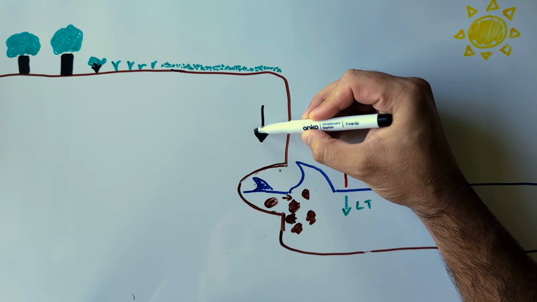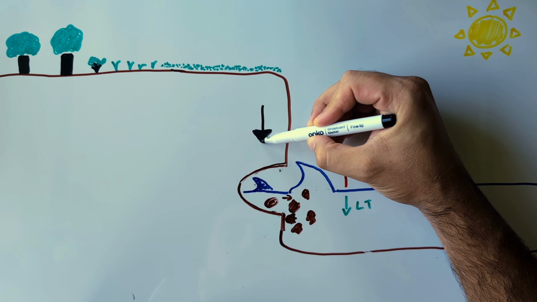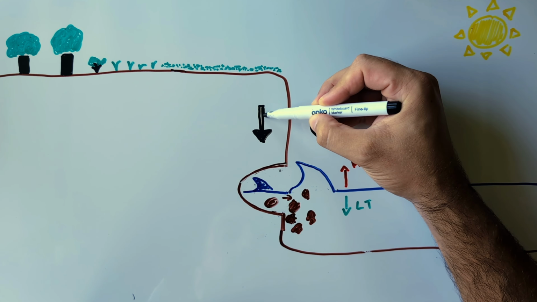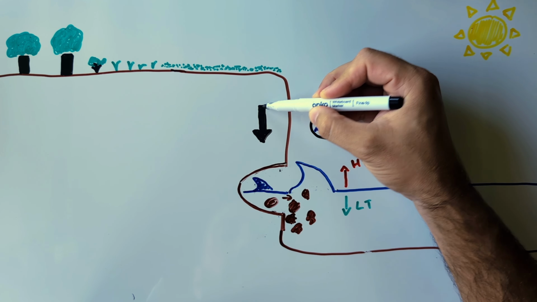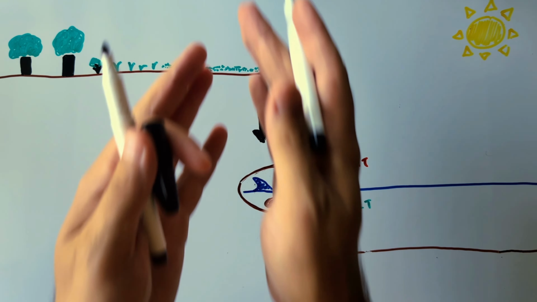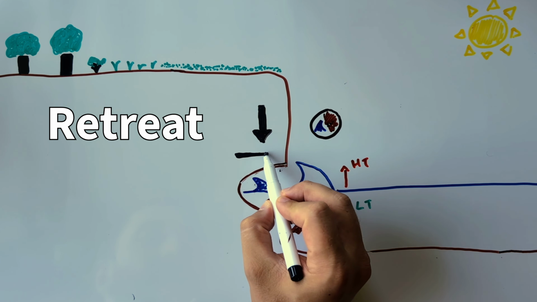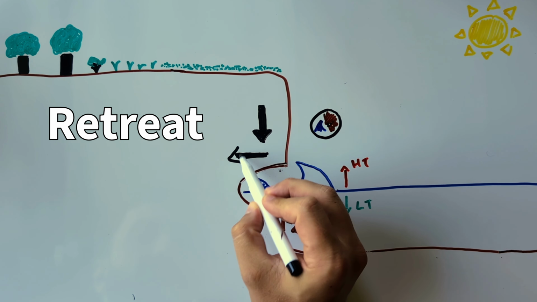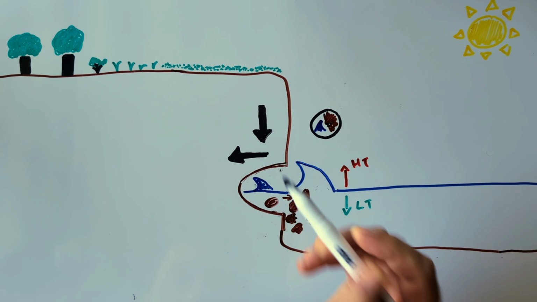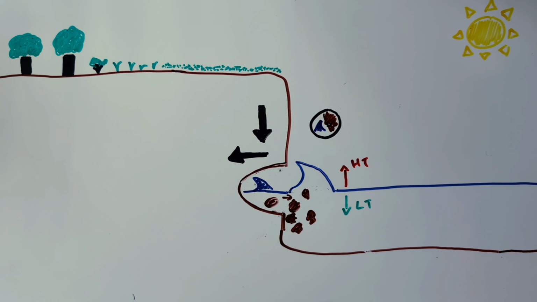You add in heavy, hard, unsupported rock and gravity. What do you think is going to happen? Okay, it is going to collapse and it is going to retreat backwards. And that's exactly what's going to happen.